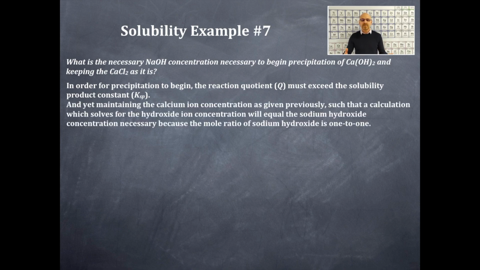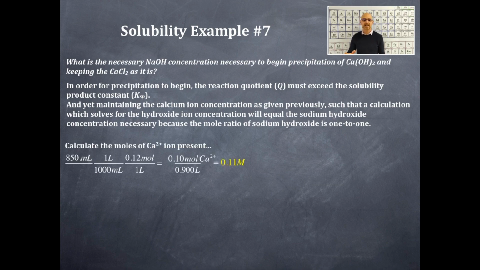So, yet maintaining the calcium ion concentration as what we had previously, the calculation which solves for the hydroxide ion concentration will equal the sodium hydroxide concentration necessary, because the mole ratio of sodium hydroxide is 1:1.